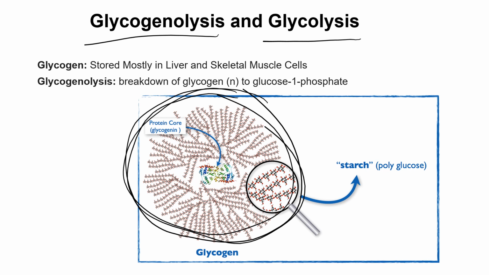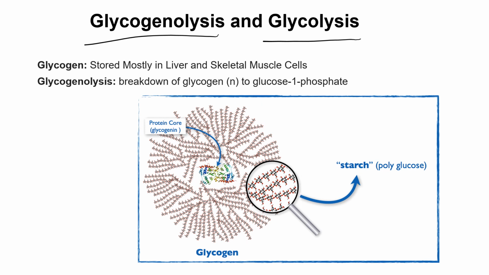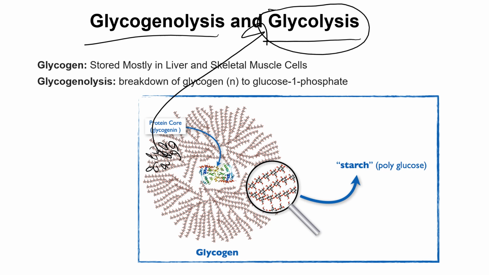And the reason it's being broken down is because when you break glycogen down, you have to think about what glycogen is made up of. It's made up of a whole bunch of glucose monosaccharides. So if you break glycogen down, you free up a whole bunch of these glucose monosaccharides. And these glucose monosaccharides can then be used in glycolysis, which serves the purpose of making ATP, as well as other molecules that the muscle cell would need during this instance of exercise.